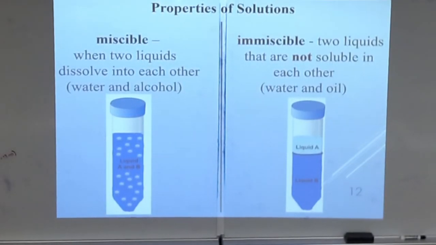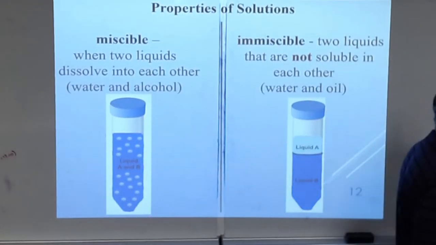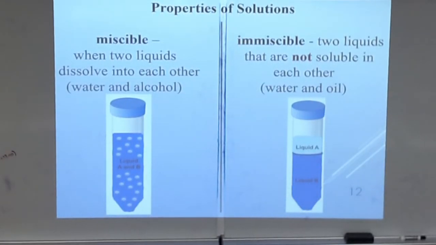Okay, so miscible and immiscible. And yes, I know there is math on this test, but there's a lot of vocabulary you got to keep up with. What's that? Yeah, there's actually a quiz that's out there. You know. So those are good things. I studied for this.